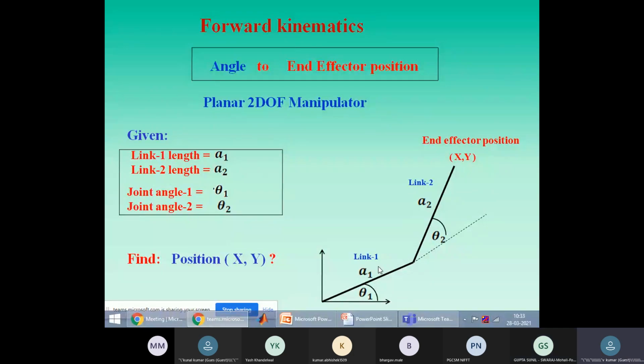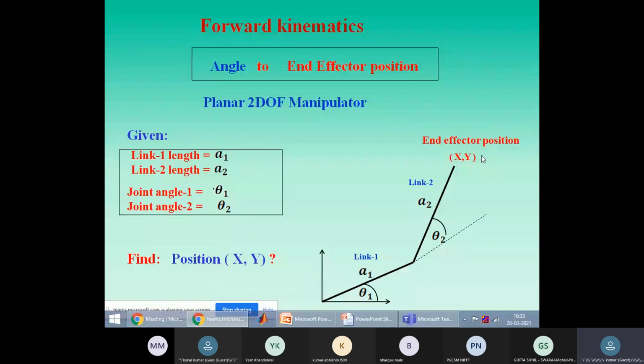Here a 2DF manipulator is given, link 1 and link 2. Their lengths are given as A1 and A2, and the joint angles theta 1 and theta 2 are given. What do we have to find? Find the position x and y, the end effector position. This is called forward kinematics.